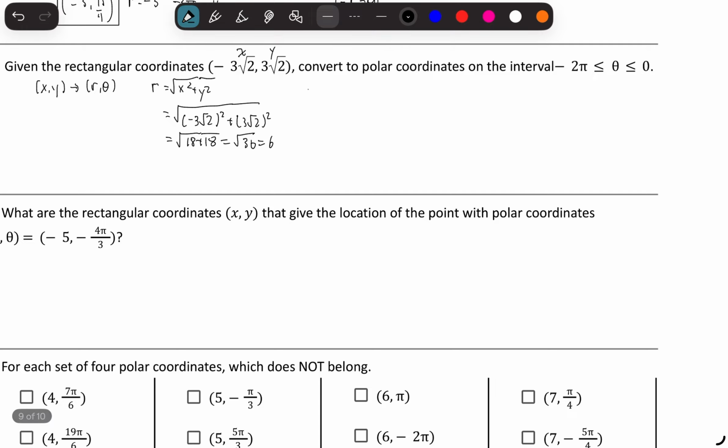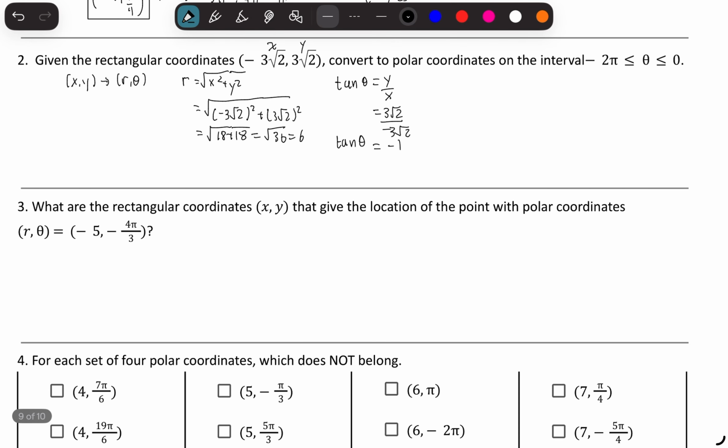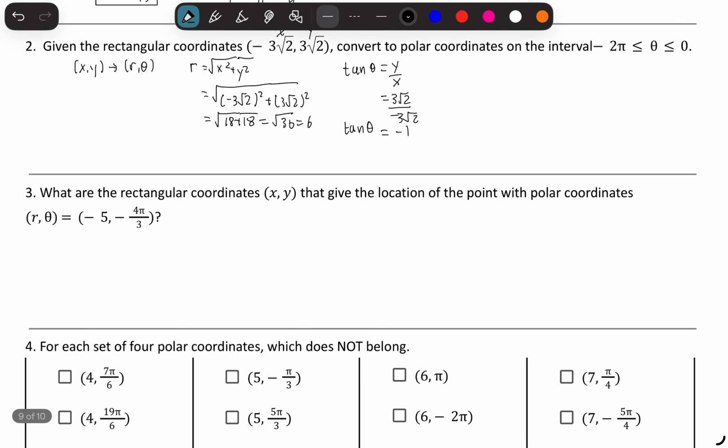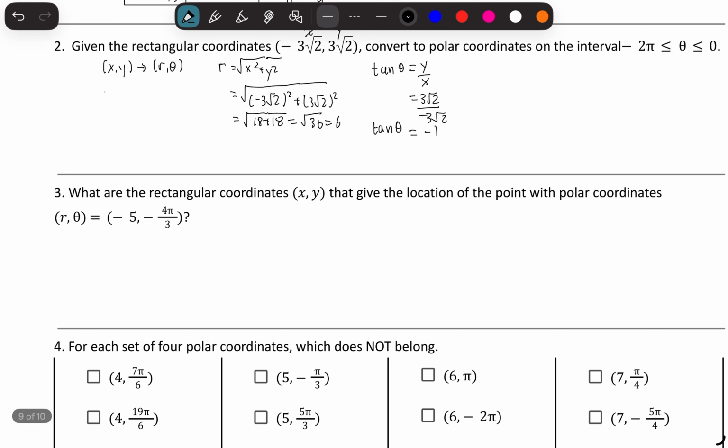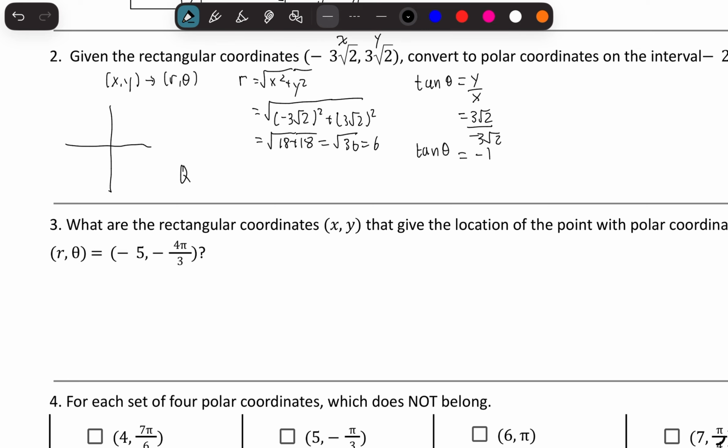Now we have to find theta. So tangent of theta relates y and x, and that's going to be 3 root 2 over -3 root 2. That's going to equal -1. Now we have to ask ourselves, tan theta equals -1. How can we get that? We can also write these points to figure out which quadrant this is going to be in.